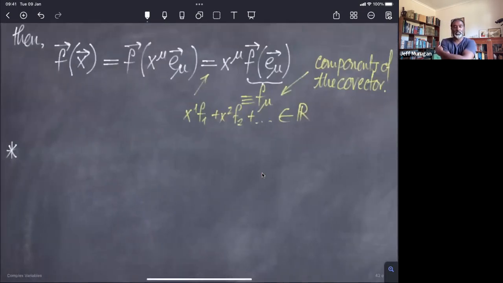Okay, so let's suppose we make a transformation of basis from E mu to E mu prime, as in the equation that we wrote down earlier. What happens to the covector components?